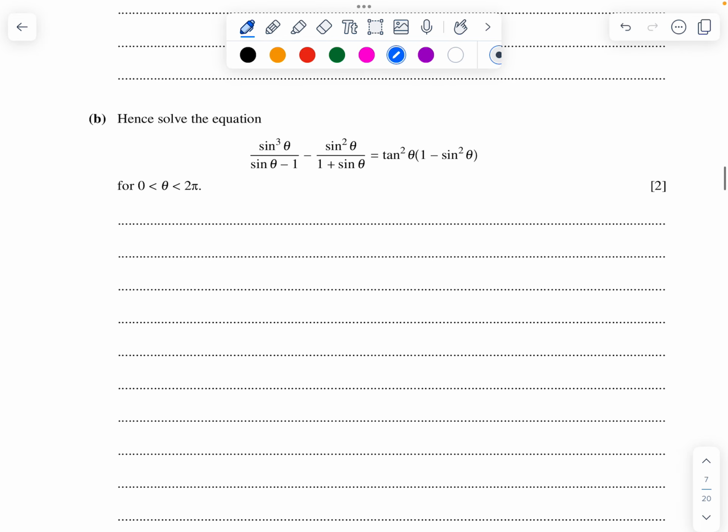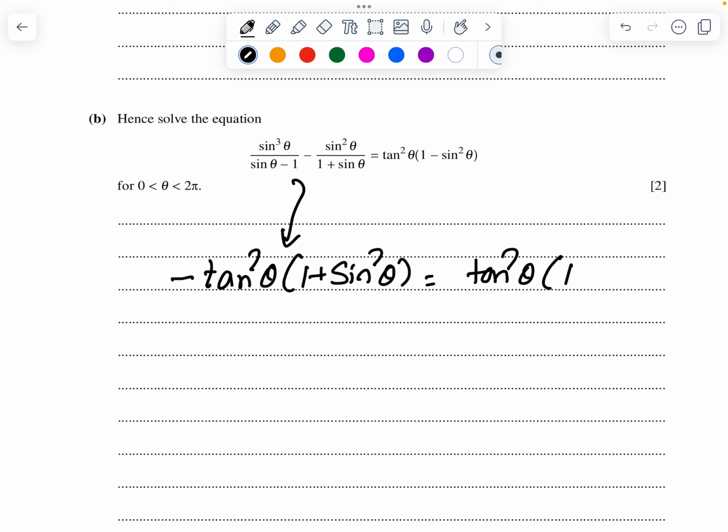Hence solve. This part we got as −tan²θ times (1 + sin²θ) equals tan²θ times (1 − sin²θ). Tan²θ cancels, and whichever gets cancelled, that equals 0.